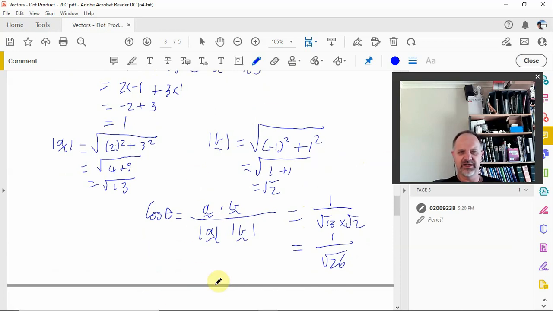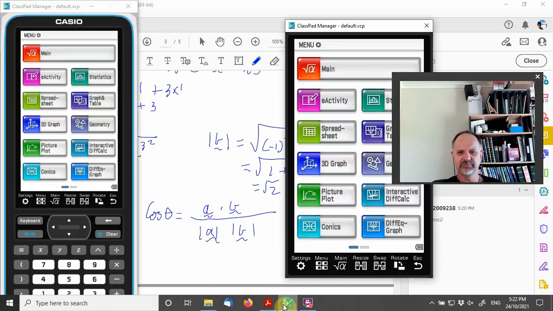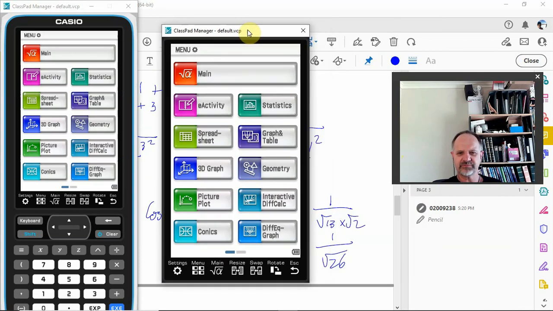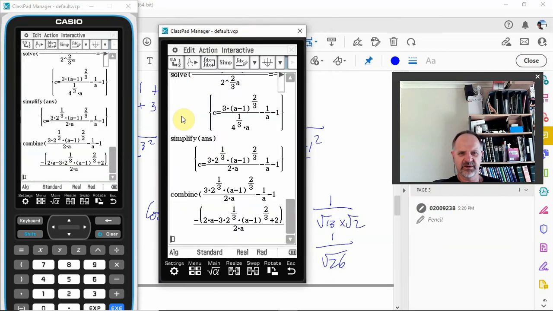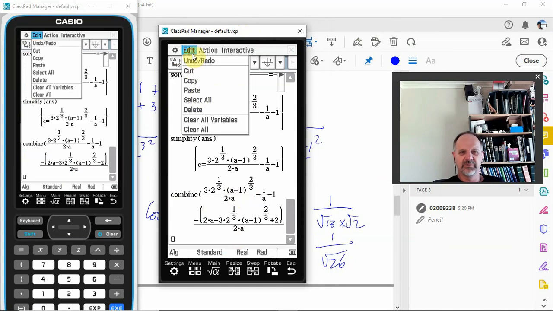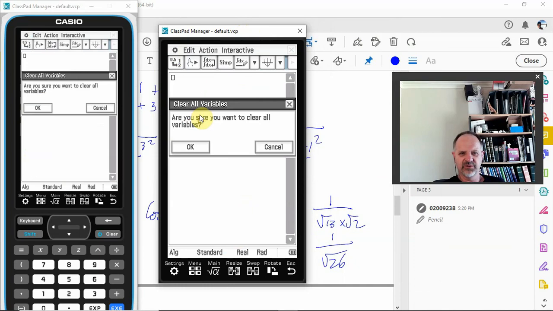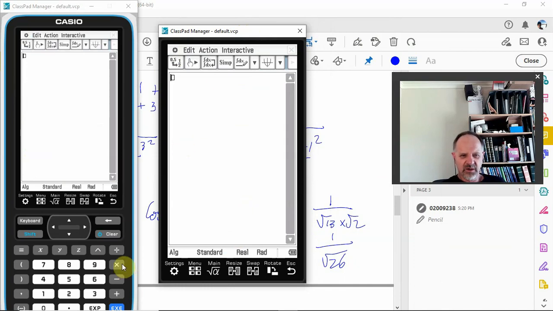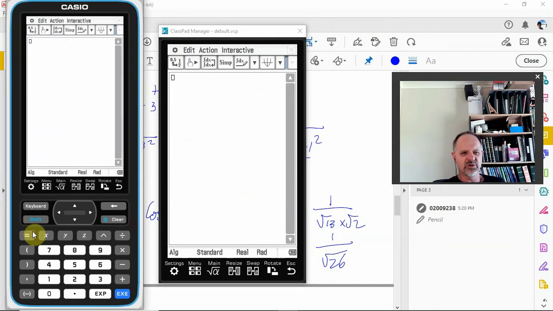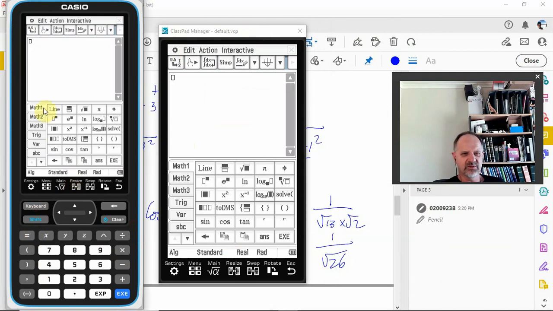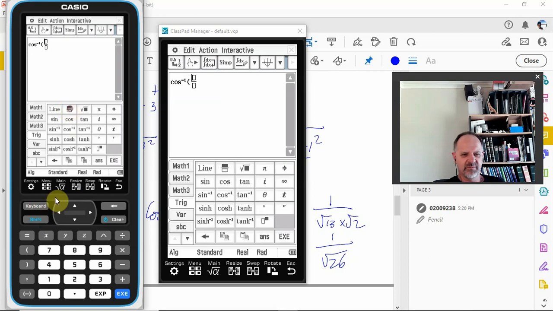All right, now we get our trusty calculator out. Let's just clear all the variables just to make sure. All right. So the angle is cos minus 1 of 1 over square root 26.